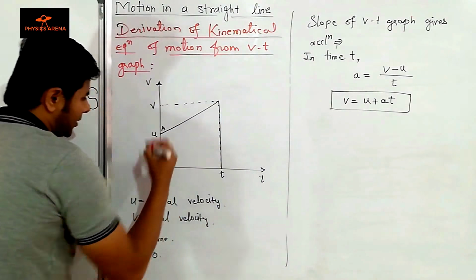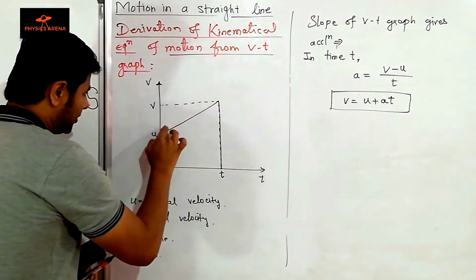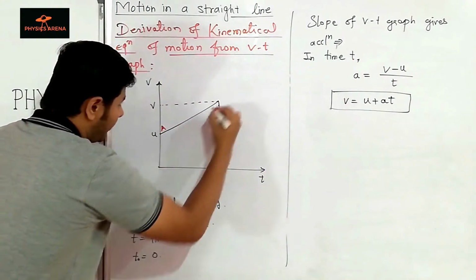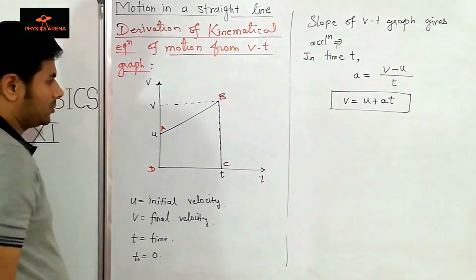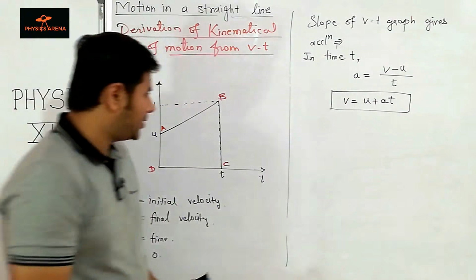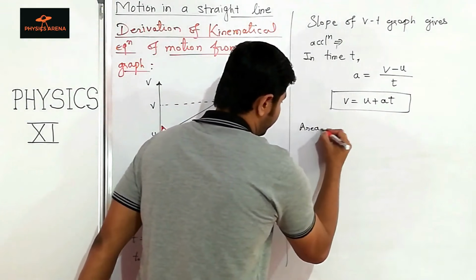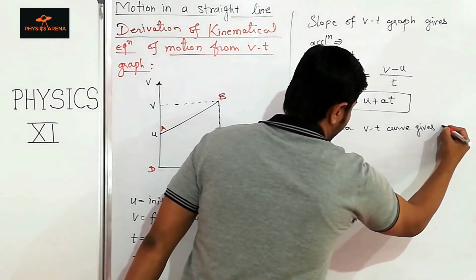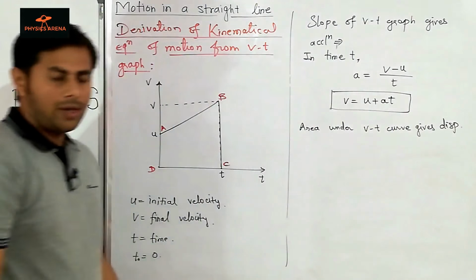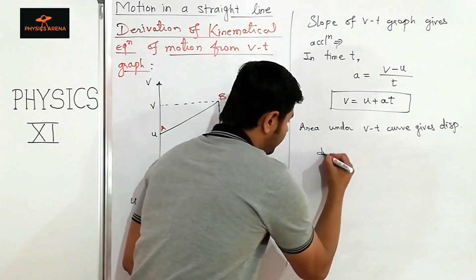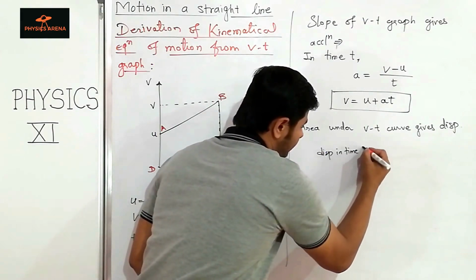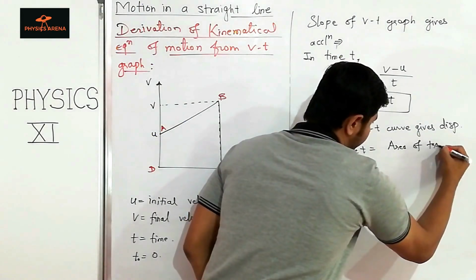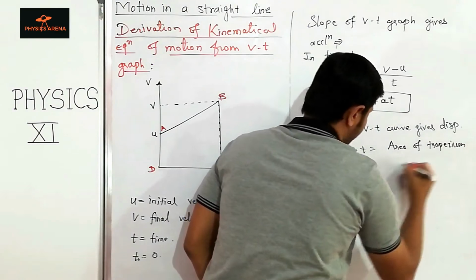Now let me represent this trapezium by A, B, C, D. And I can write that the area under the v-t curve gives displacement, and using this I can write that displacement in time t is equal to the area of trapezium ABCD.